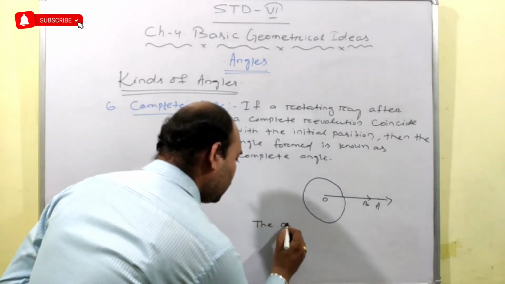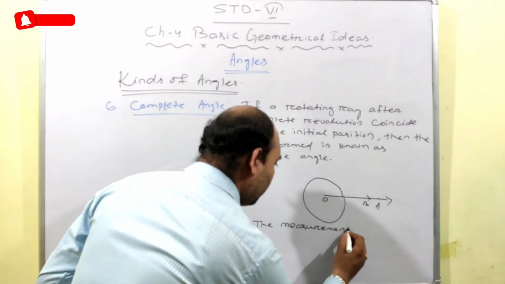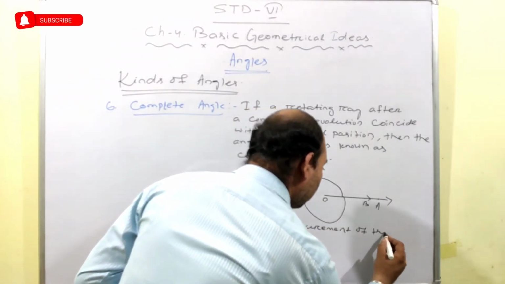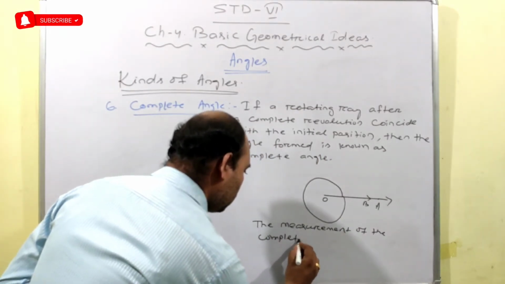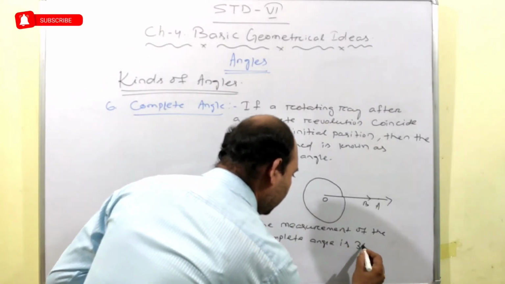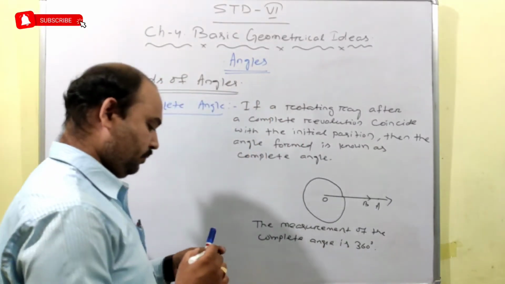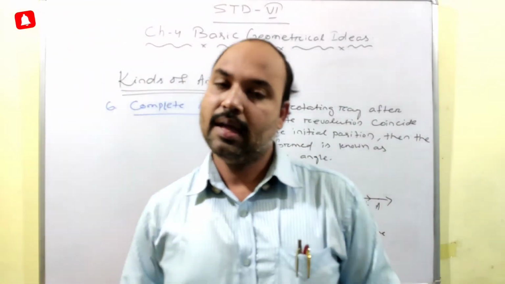The measurement of the complete angle is 360 degrees. Okay. So we have 6 types of angles.